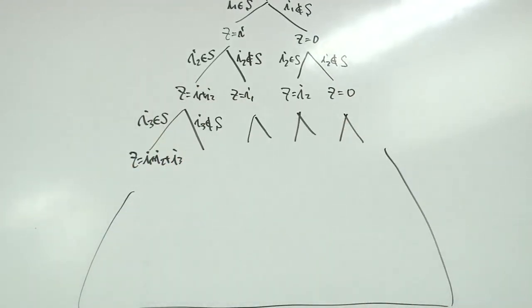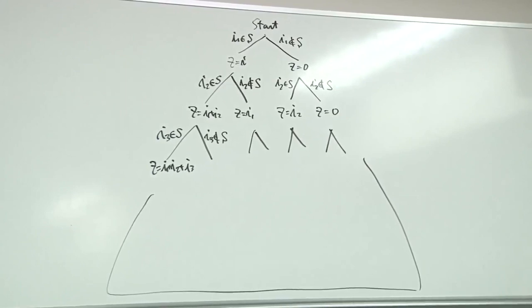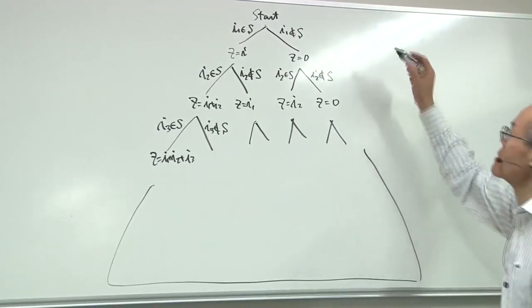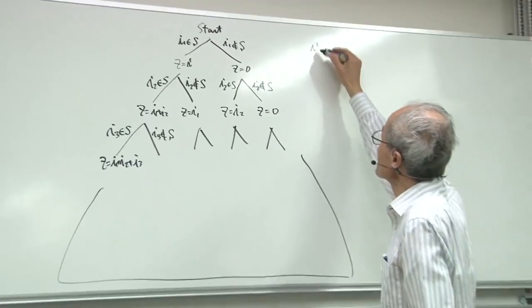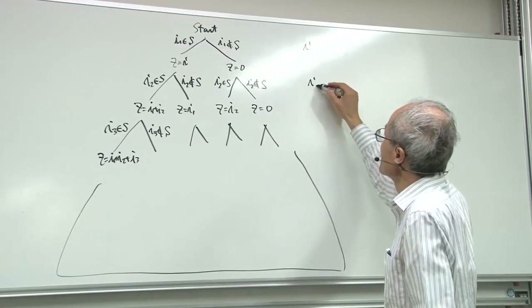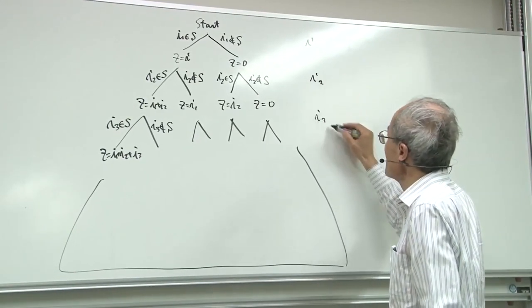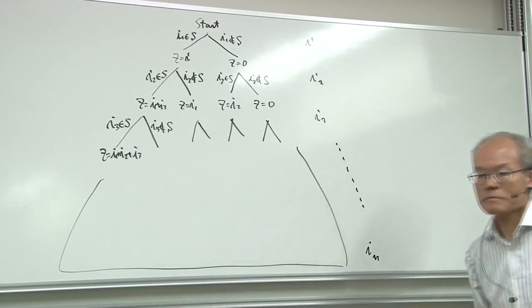Okay. So we construct this tree structure to find the correct answer. So we first take I sub 1, then I sub 2, I sub 3, up to I sub n.